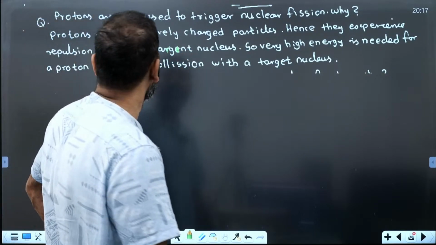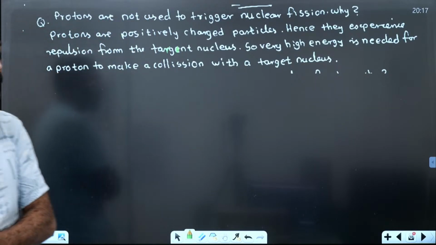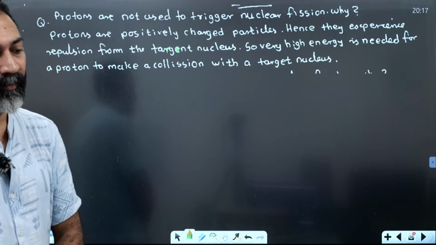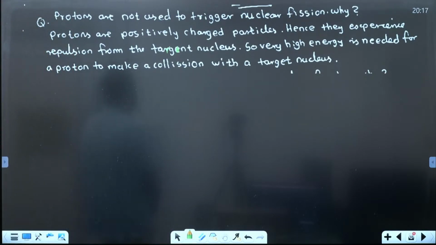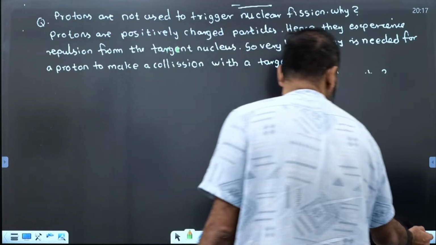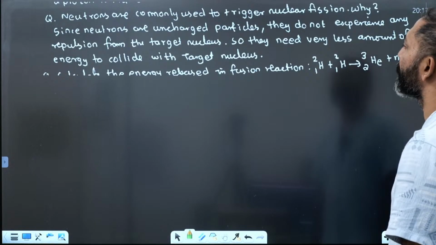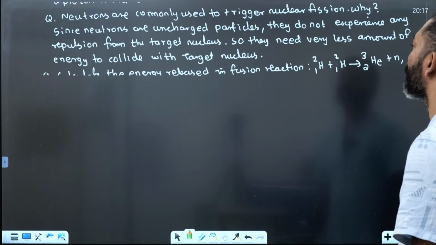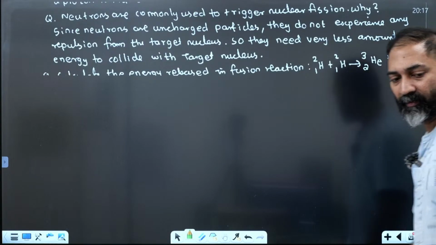So very high energy is needed for a proton to make a collision with the target nucleus. Because we have to spend extra energy to overcome the Coulombic repulsion. Why neutrons are used? Since neutrons are uncharged particles, they do not experience any repulsion from the target nucleus, so they need very little energy to collide with the target nucleus.